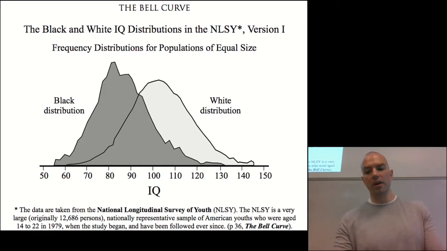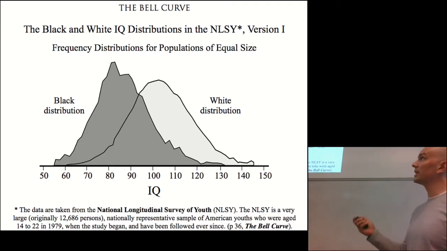Depending upon your political orientation, some people like to take a look at this and say, well, that's clearly genetic, right? It's got to be genetic. That's what this distribution says. If you're more on the other bent, you would take a look at things like privilege and opportunity.